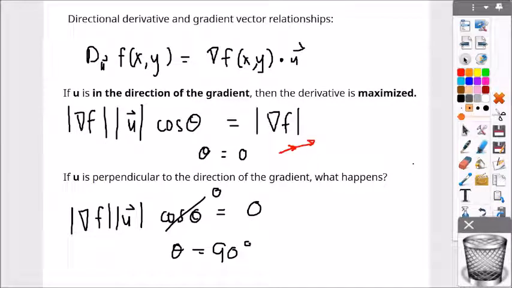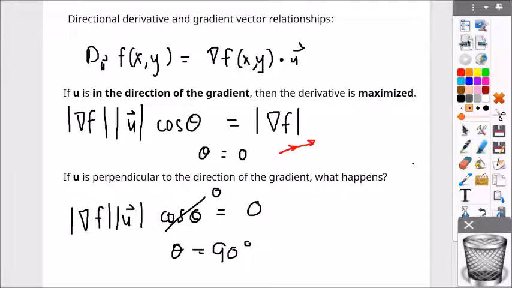It's like a ring of places with constant values. All the points on that curve have constant values. And so when you walk along a level curve, or take a direction that's tangent to a level curve, your derivative is 0.